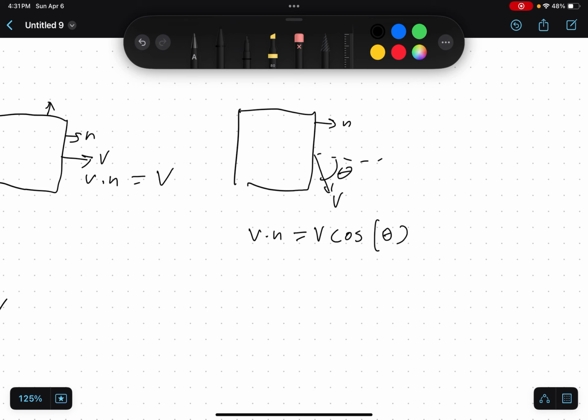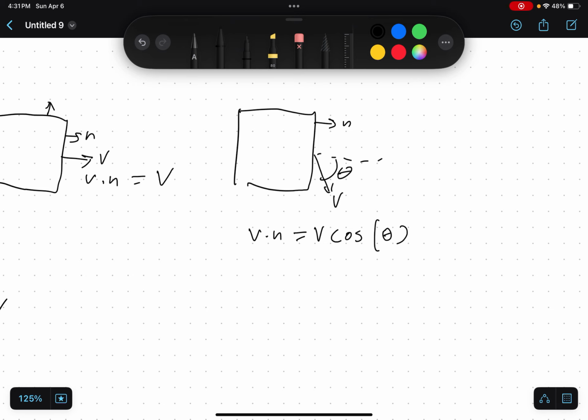And over here, it would be cos theta, but theta is 0, which means it's just V. So you can rewrite it as V cos theta if that's your angle, or V sine theta if you want to use that angle. Either one's fine.